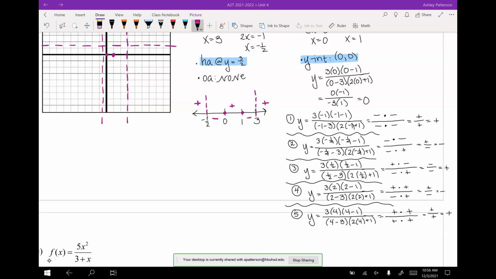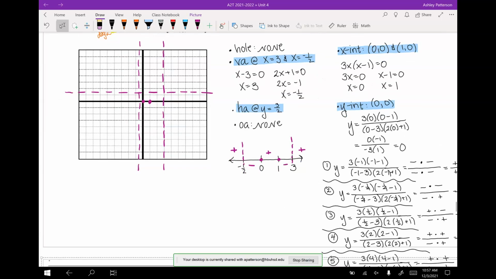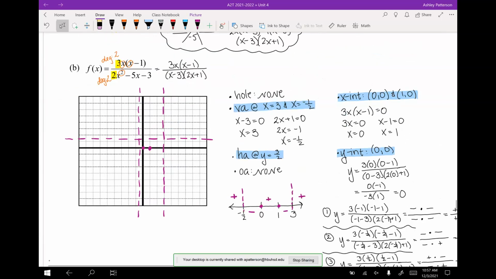We know that we have to start at the horizontal asymptote, right? Since we're above the x-axis, we could start above the horizontal asymptote, curve to the right, and then curve up because we can't cross the vertical asymptote. But we can cross a horizontal asymptote.